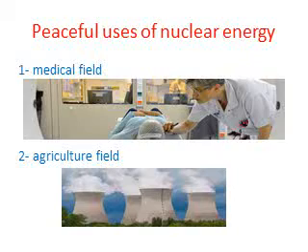What are the peaceful uses of nuclear energy? It's used in the medical field to diagnose or treat diseases like cancer. It's used also in agriculture, like to eliminate pests and to improve some plant races.